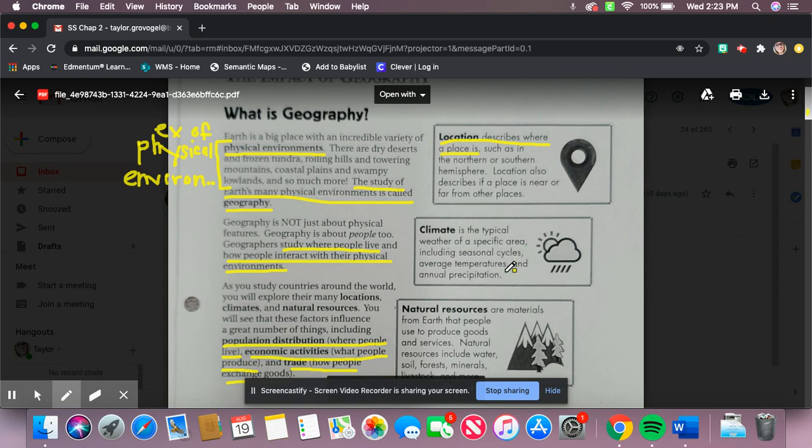It says climate. So climate is the typical weather of a specific area, including seasonal cycles, average temperatures, and annual precipitation. Precipitation is rain and how much rain we get. So climate is the typical weather of a specific area.